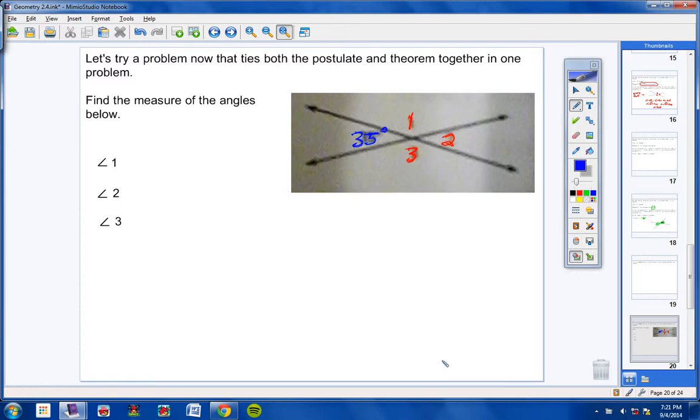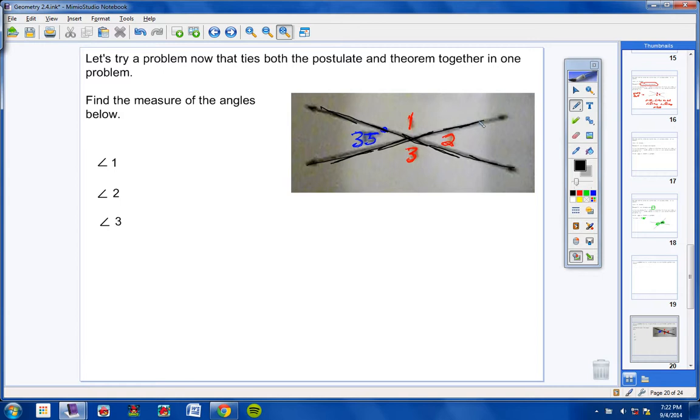Now, our goal in this problem is to find the measure of three angles: angle 1, angle 2, and angle 3. Well, this really isn't too hard if you think about it, students. First of all, you should notice right off the bat we have two lines that are intersecting. Here's one line here, and here's one line here.